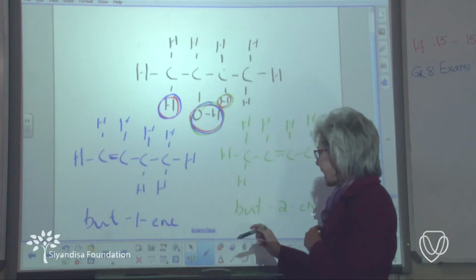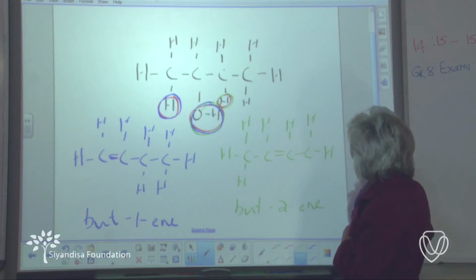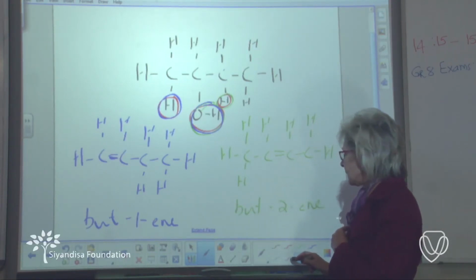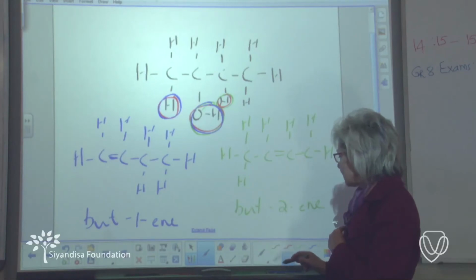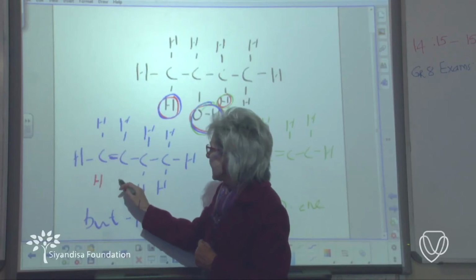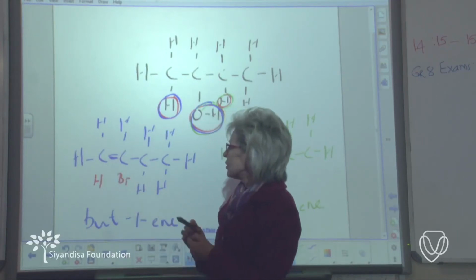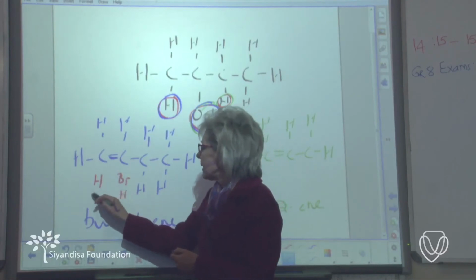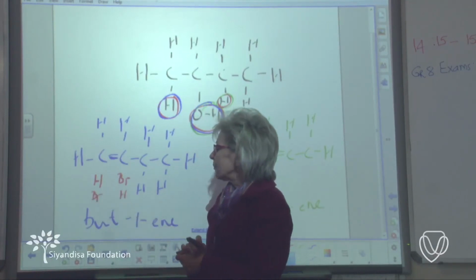So if I now add HBr to compound P, in other words, but-1-ene is compound P, I could add an H here and a Br there, so I get 2-bromobutane, or I can add H here and Br there, and that would be 1-bromobutane.